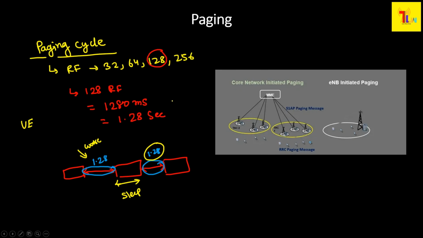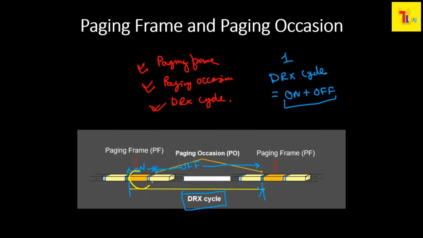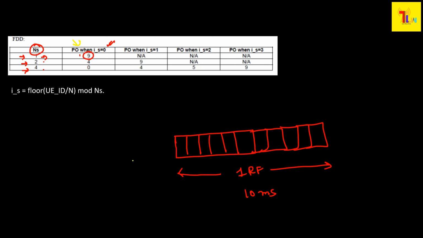So I'm discussing this particular radio frame. As per 3GPP, it will not wake up at all points. It will wake up at 0, 1, 2, 3, the fourth one, the fifth one, and so on, from 0 to 9.